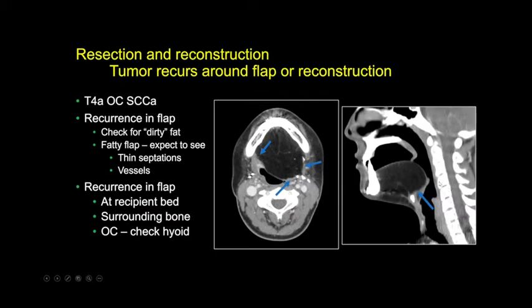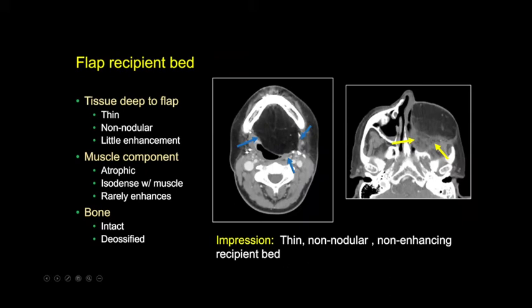On the sagittal reconstruction, we're going to look very carefully around the hyoid bone and look for any nodularity, any abnormal enhancement, any frank mass. So the buzzwords I use in my dictations are at the intersection with normal tissue, it is thin, non-nodular, with no enhancement.